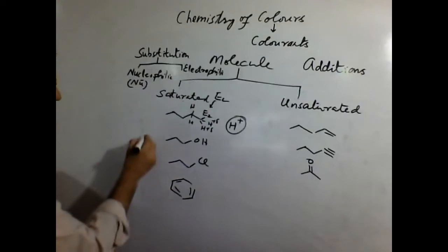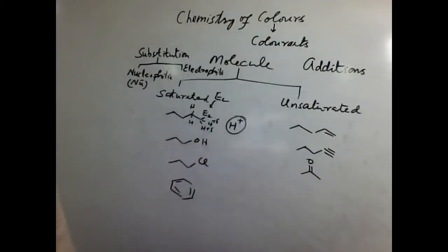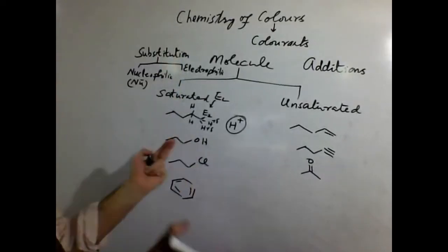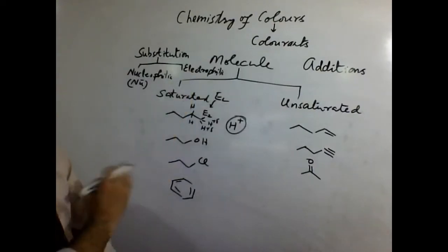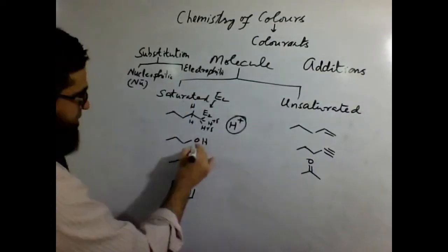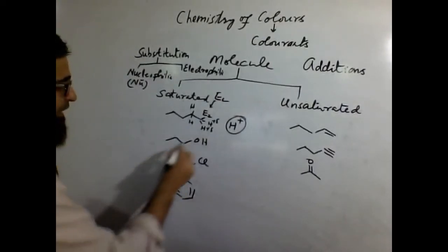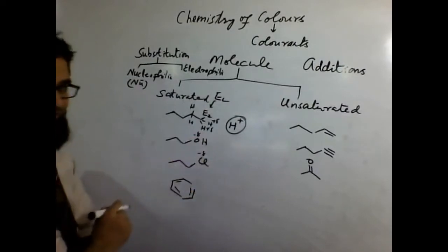Now see these molecules, the alcohols and the alkyl halides. They are also saturated ones. They are also supposed to undergo substitution reactions. What sort of substitution? Again, either electrophilic or nucleophilic. We look at the structure of the molecule. It carries OH in the form of a negative, chloro in the form of a negative.